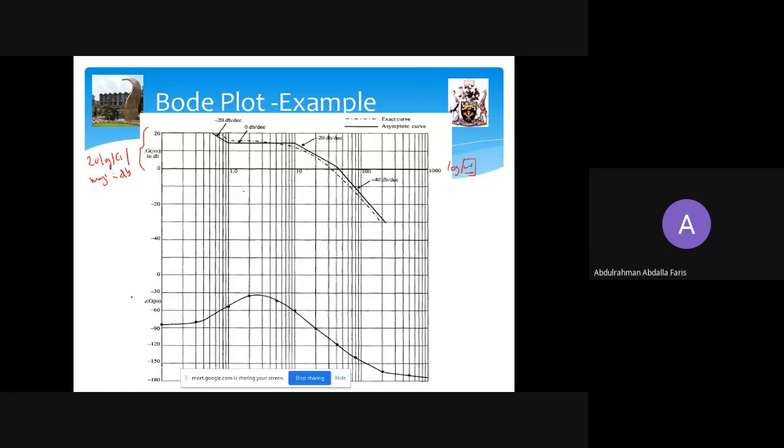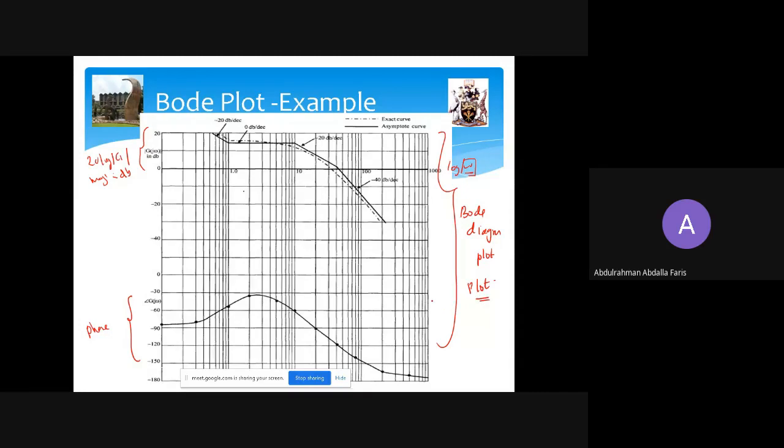And then here we have phase against the same x-axis. So you can see we have two graphs, one magnitude graph and another one phase graph. So this is actually an example of a Bode diagram plot or Bode plot.